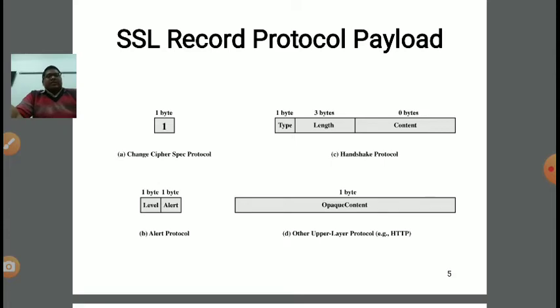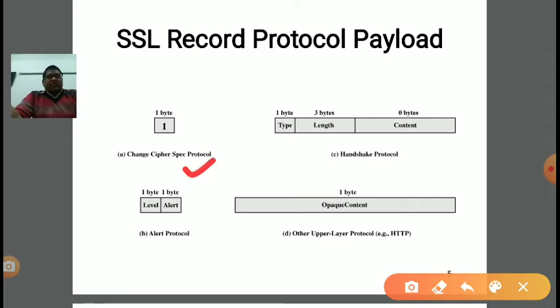Again, I'm summarizing. Every protocol has a different format with a different size. First, the change cipher specification protocol is 1 byte, with only a single block. Second, the alert protocol is 2 bytes with two blocks: one called level and the second called alert, and both are 1 byte.